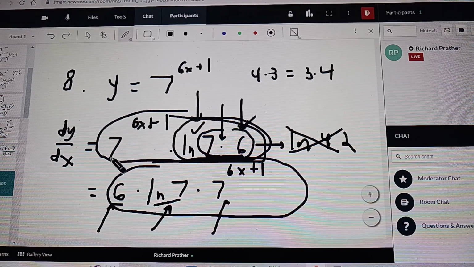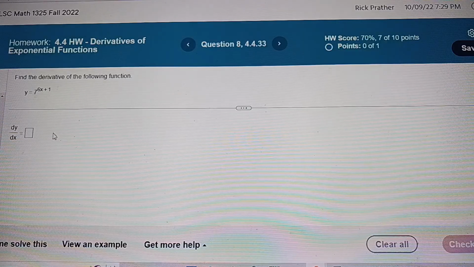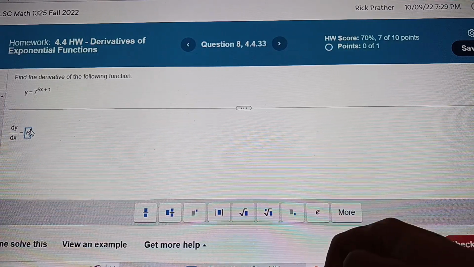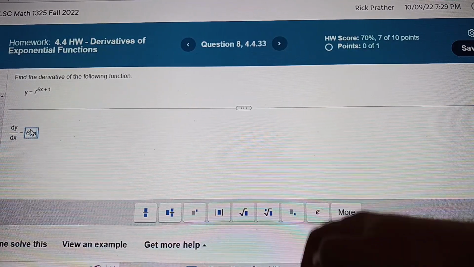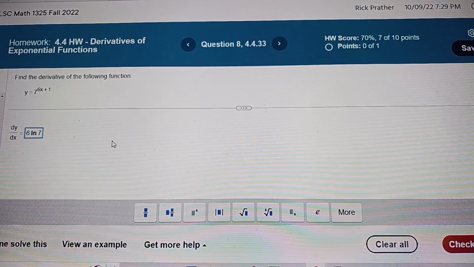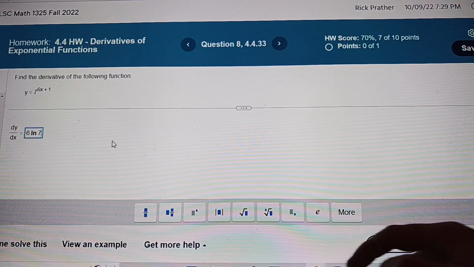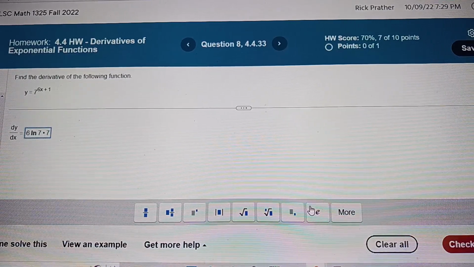But I'm sure if you typed it in the homework this way and clearly put a times 6 that was separate, that would be an acceptable way to type it. But for us humans that like to communicate with each other, to make it easier on the reader that you're communicating with, it's more common to do this.